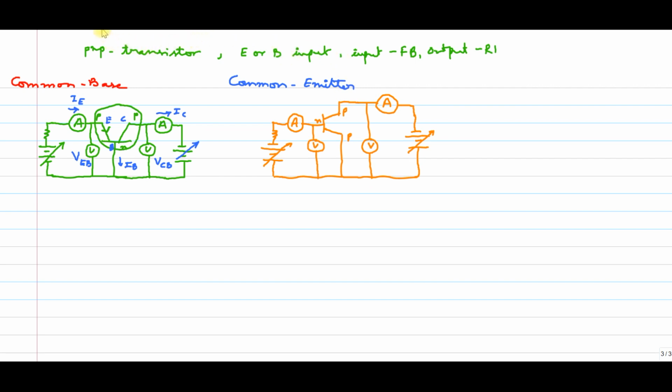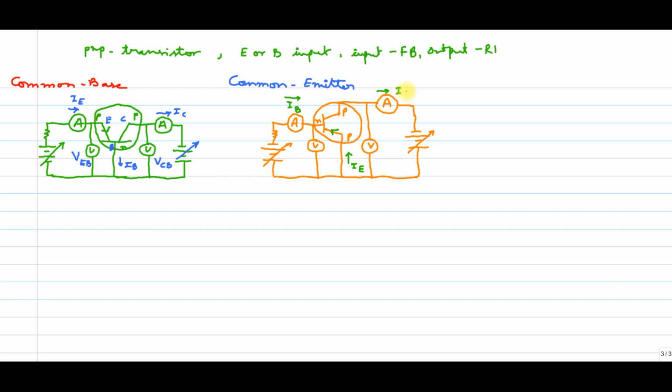Now we need to write the names. Coming to names, it should be positive to negative, so this is emitter, and this current is base current IB, so its direction is like this. For the direction, no need to worry: always emitter current is inside the transistor, and base current and collector currents are out from the transistor.